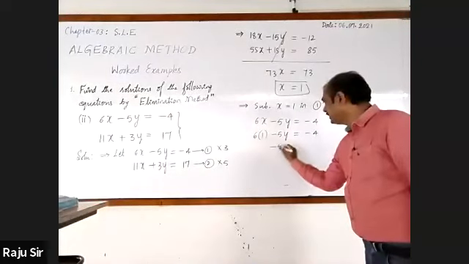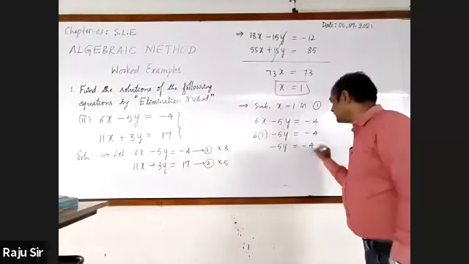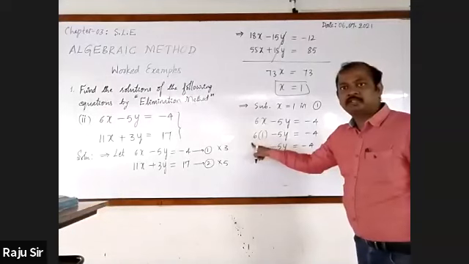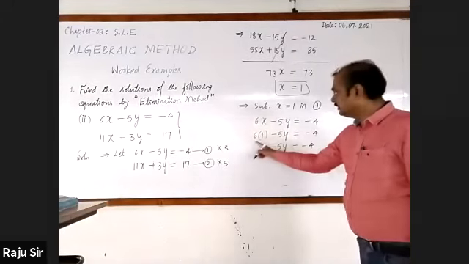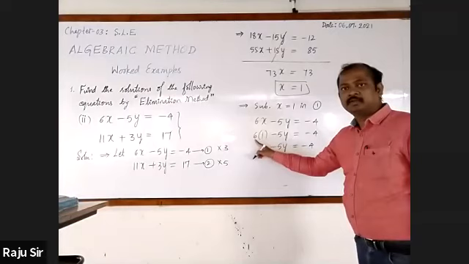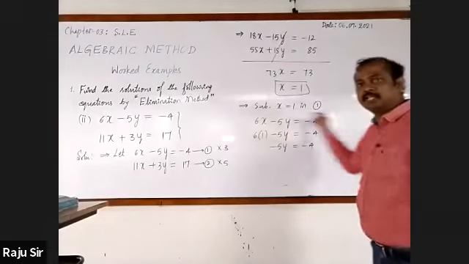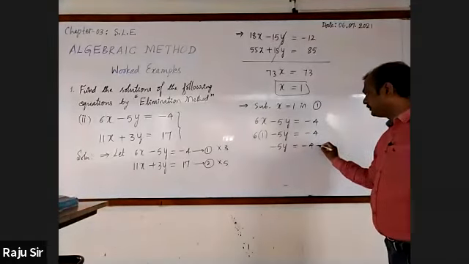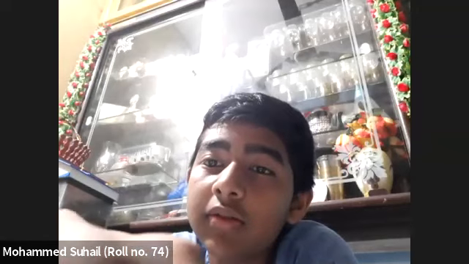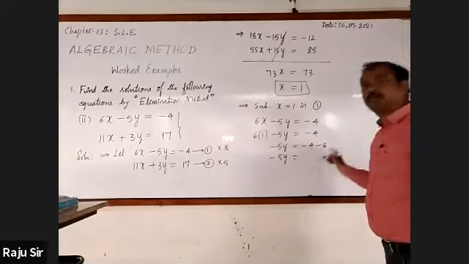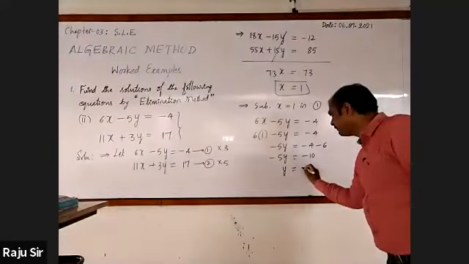Transfer 6 to the right hand side. 6 ones are 6. Transfer that to the right hand side, it becomes -6. So -5y is equal to -4 minus 6, that is -10. Minus minus gets cancelled. What is the value of y? 2.